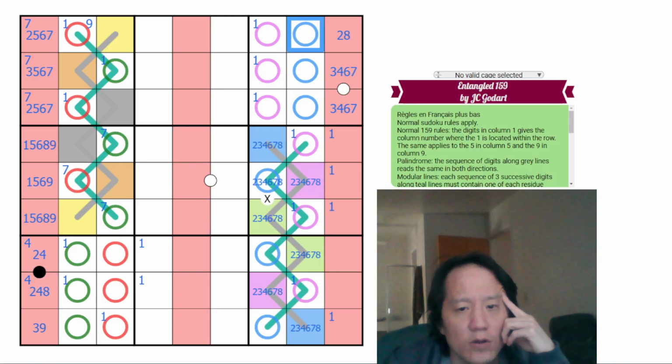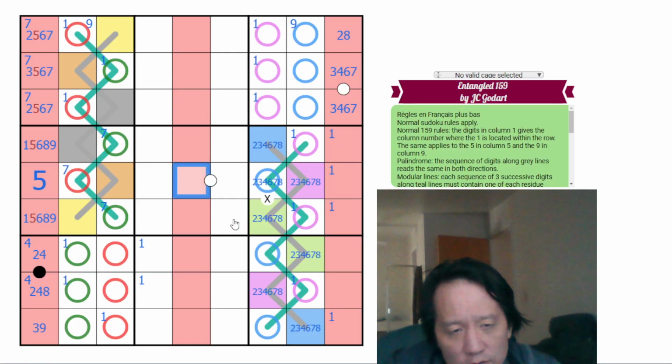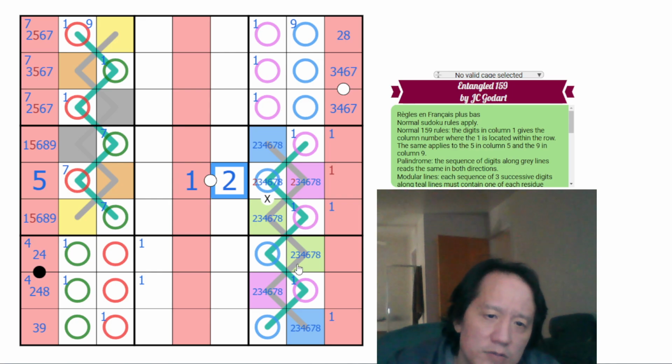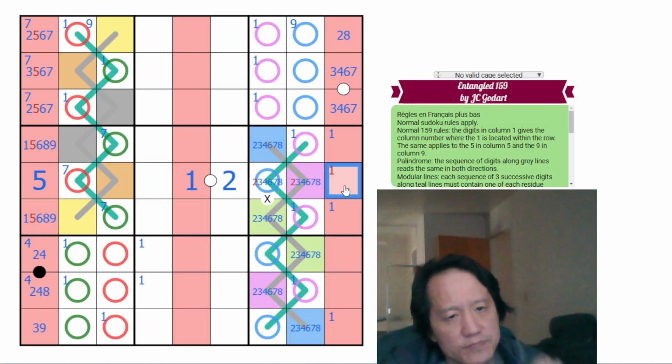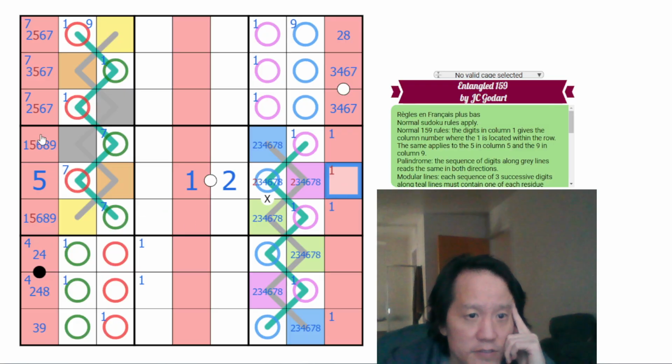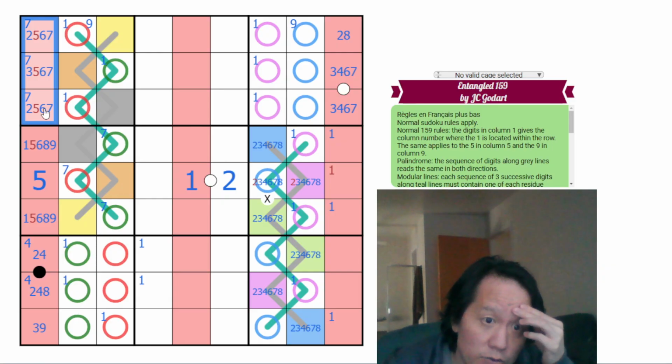Okay. What happens if we make it 5 or 6? So if this is 5, that means this is 1. So this has to be 2. Since this is 5, this has to be 6. So we have 6 and 7. So it cannot be 3.